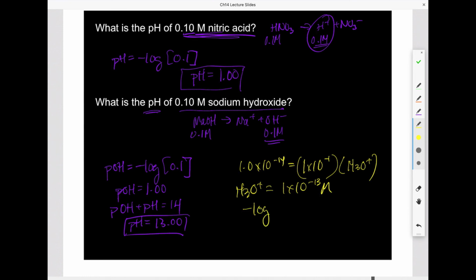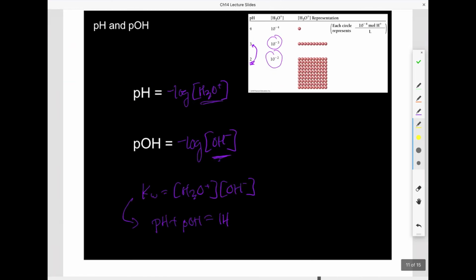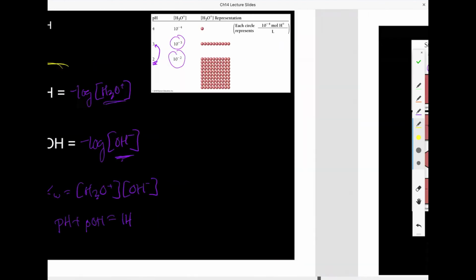And if I do the negative log of 1 times 10 to the negative 13th, I'm going to get a pH of 13. Yes. So either way I do it, I come up with the same thing. So whichever of these equations makes most sense to you, that's what you would do.